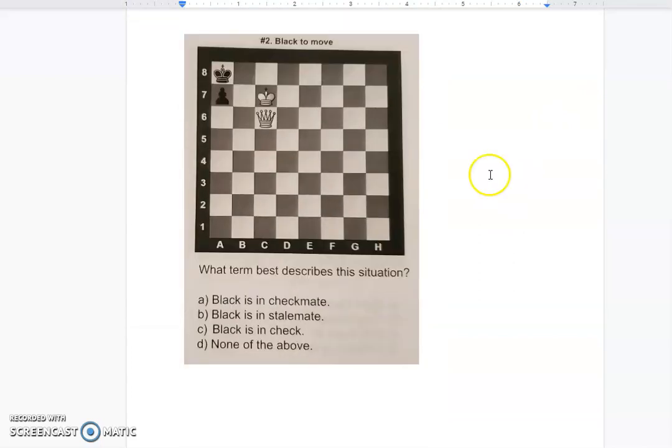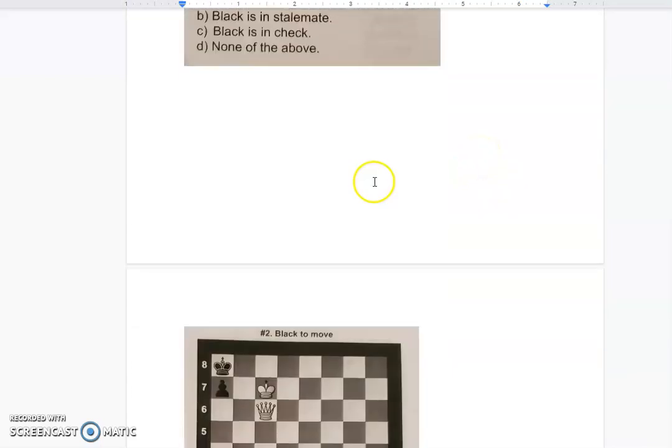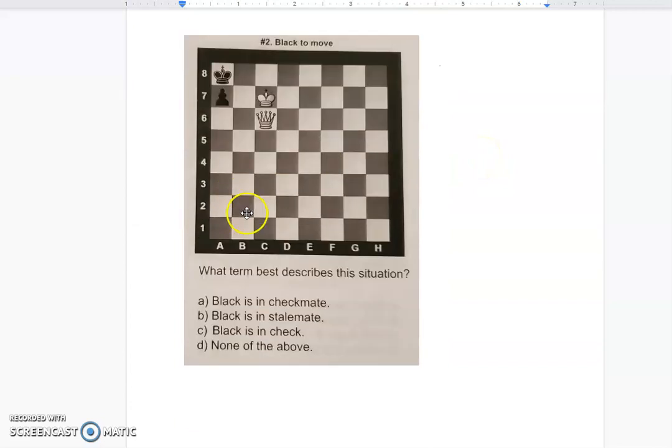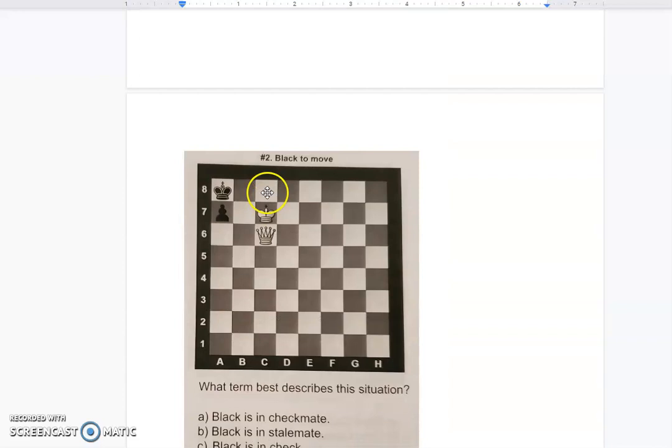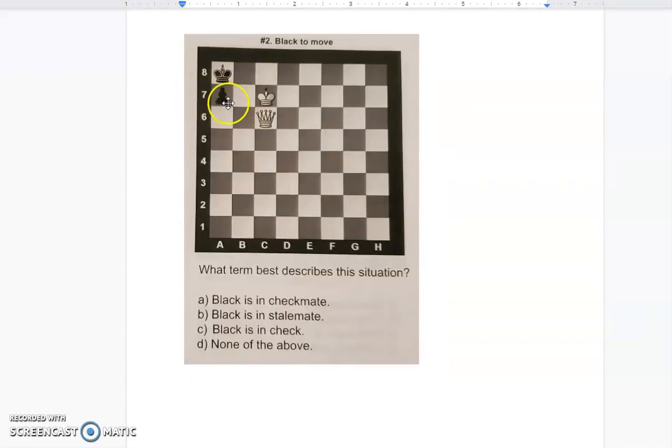All right. Let's see. So if you look at this one, see this, and then you see this, the difference between this question and question 3 is that the pawn is 1 up. Well, what term best describes this situation as well? Now we still have the queen threatening the king, but the king can't go here anymore because the pawn is there.